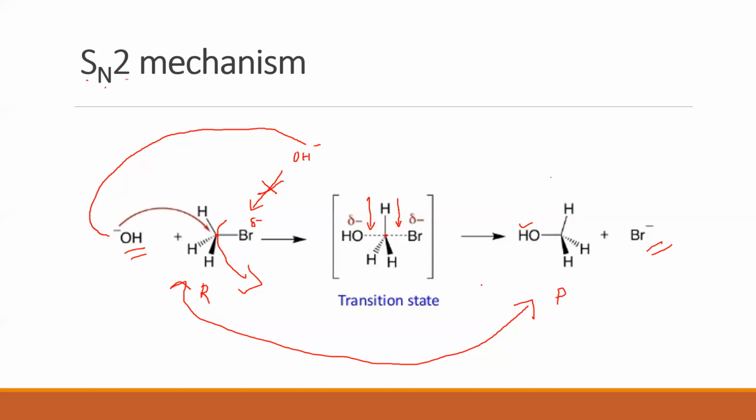Look at the position of hydrogens here. They are all positioned on this side. Now, once the reaction has happened after the transition state, look at where the hydrogens have gone. Yes, all the hydrogens have gone onto the other side. You got that? You're able to see that?